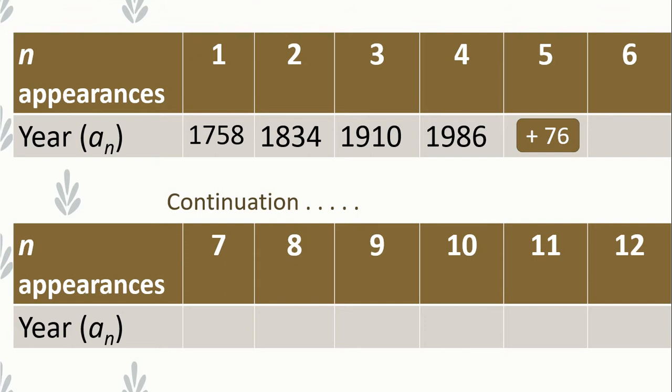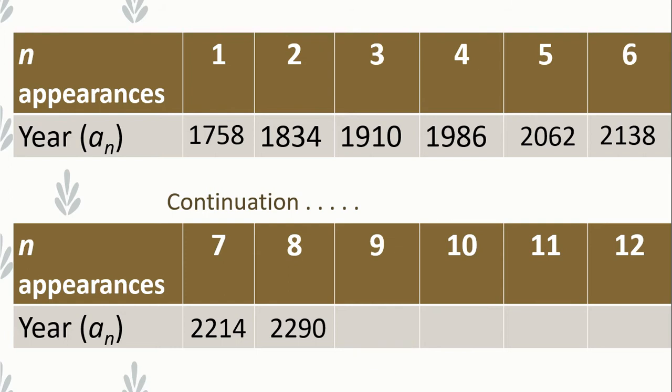So that is 1986 plus 76, 2062, plus 76, 2138, and you continue adding 76 until you reach the value of the 12th term, and that is 2,594. Therefore, the 12th year of appearance of the comet is in the year 2,594.